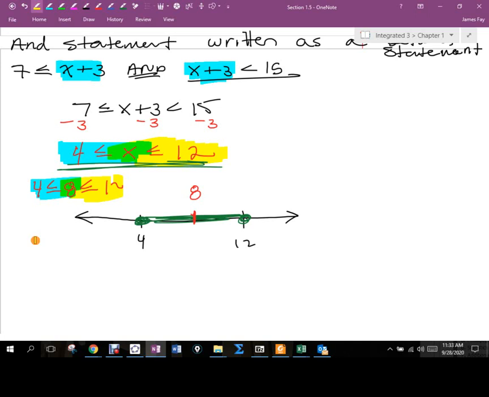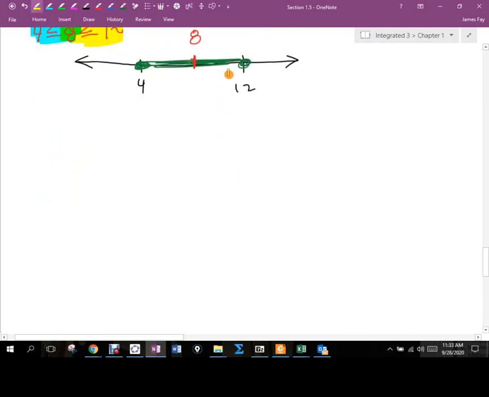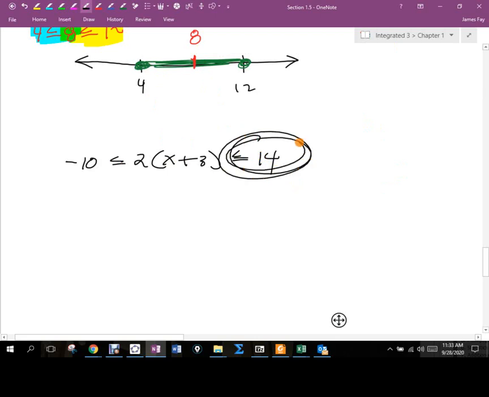All right, let's do one more real quick. We won't graph it. If I had negative 10 less than or equal to 2 times x plus 3, less than or equal to 14, what would you do first here? Let's say this part wasn't there, so you just had negative 10 less than or equal to 2 times x plus 3.